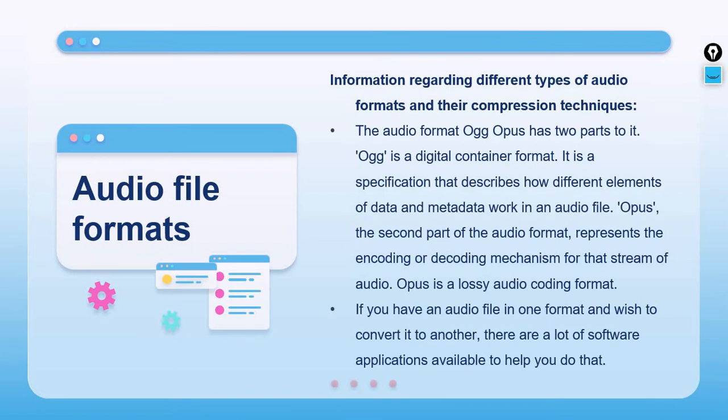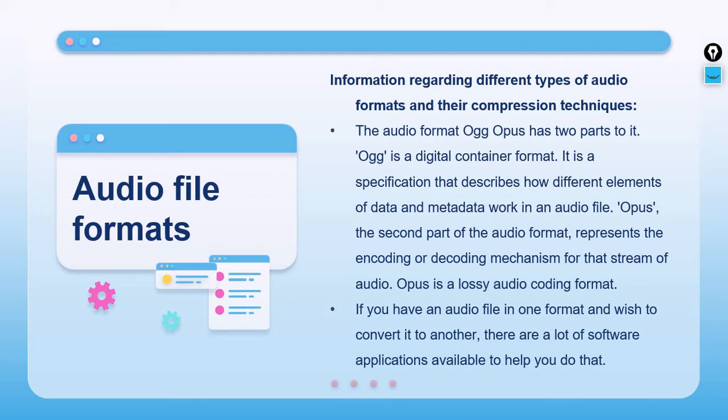The audio format OGG Opus has two parts. OGG is a digital container format. It is a specification that describes how different elements of data and metadata work in an audio file. However, it provides no information on how the data is compressed.